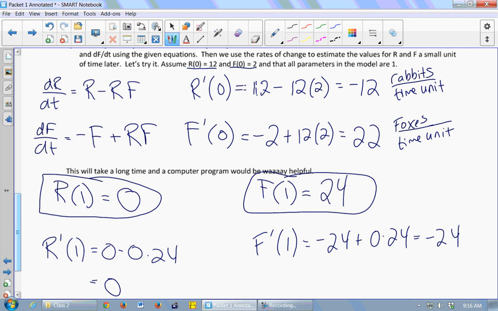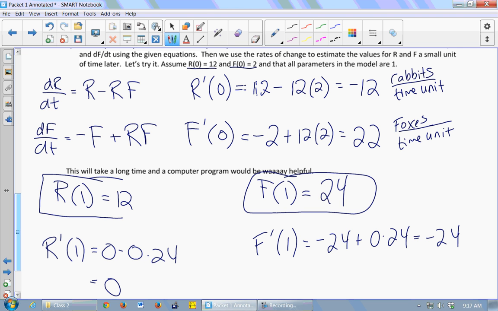The way I calculated R of 1 is I looked at R of 0. I looked at how many rabbits were there when I started, which was 12, right? And then I looked at how is it changing. Every unit of time, it's going down by 12 rabbits. So 1 unit of time later, that's the 1, right?